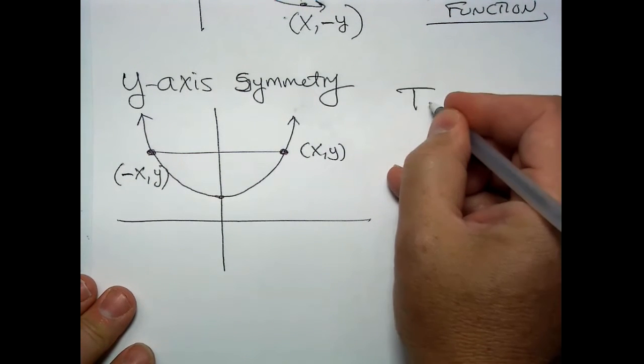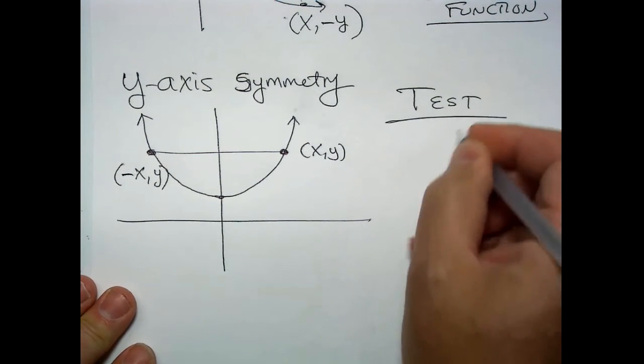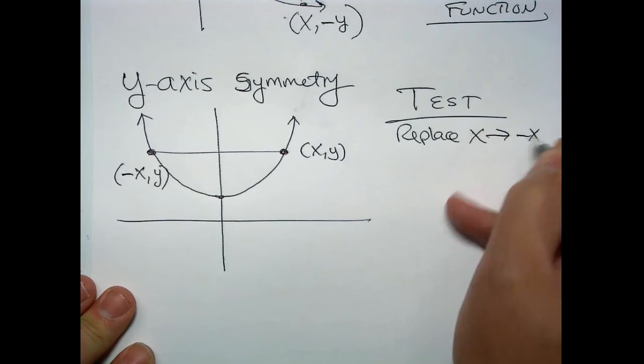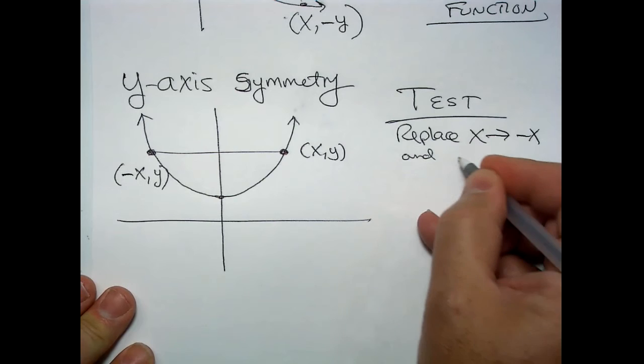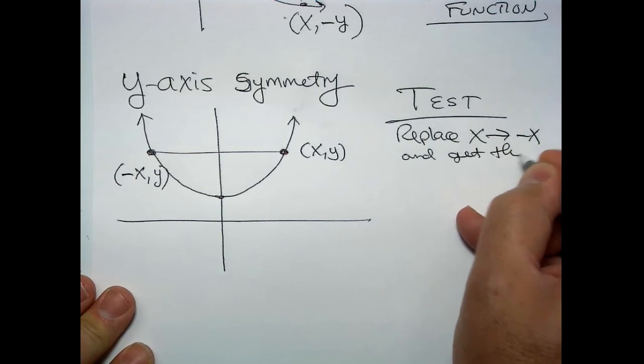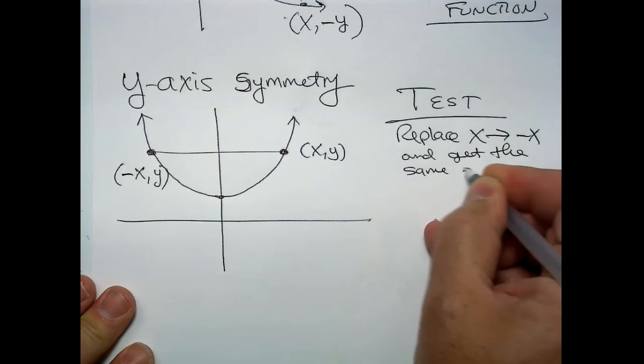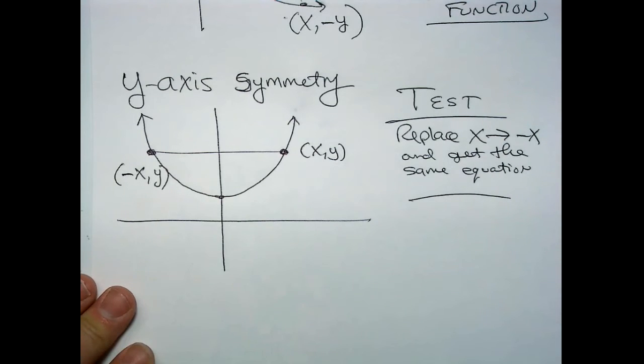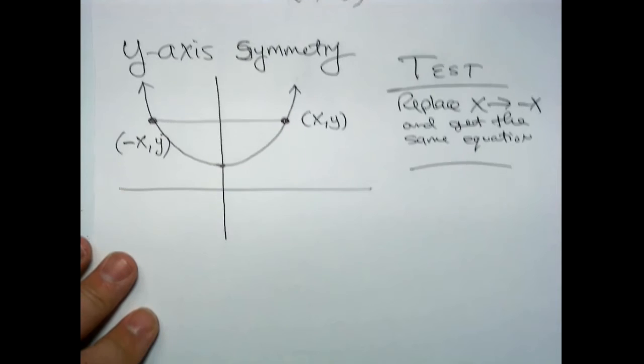So that implies a nice test. And the test would be to replace x with negative x and see if you get the same equation back. And we'll certainly take a look at some examples of that. This is a function that passes the vertical line test.